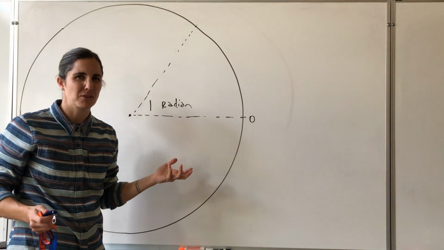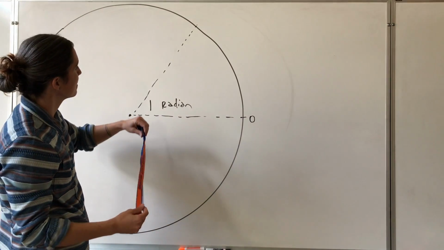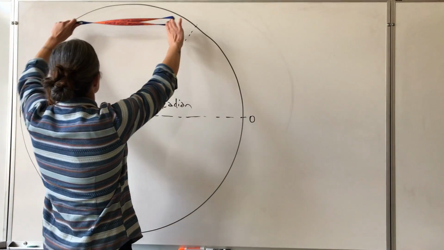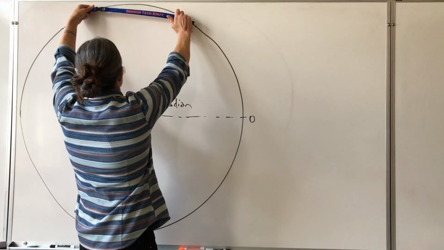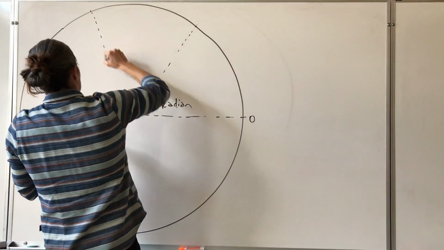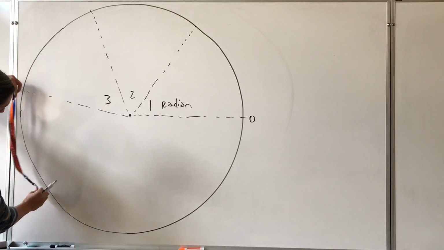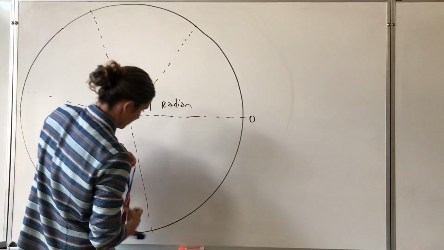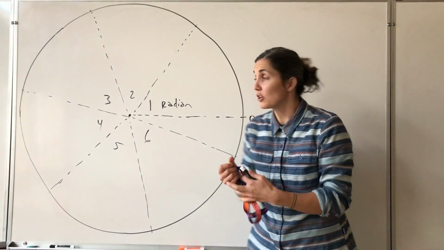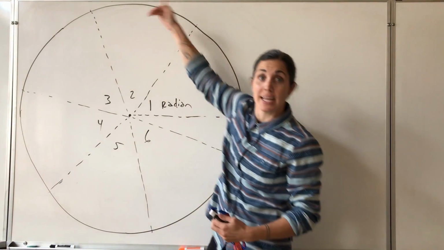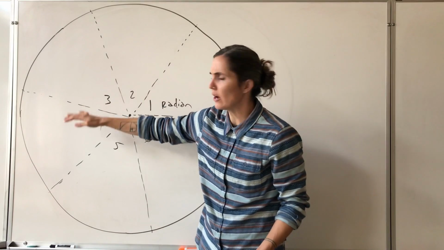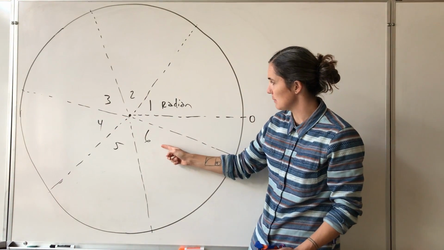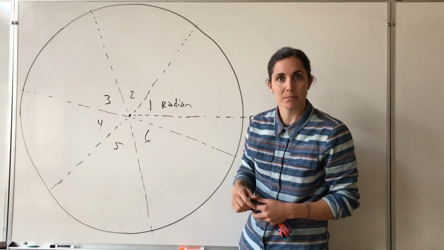Maybe we're thinking about it for a second. How many times will this radius fit around the circle? So here we have it, that a radius laid alongside the outside of the circle fits around my circle 6 times and a little bit.